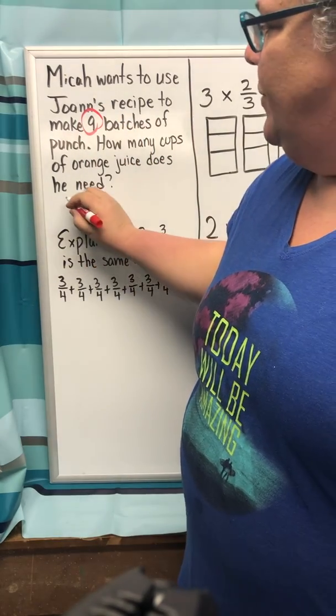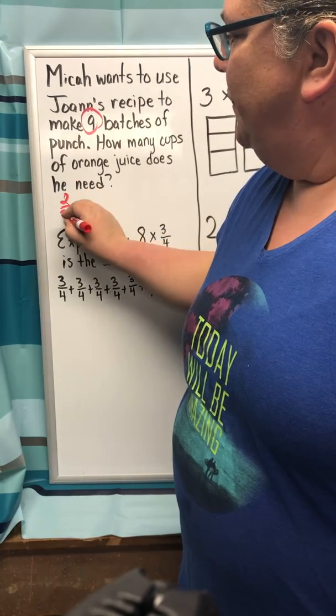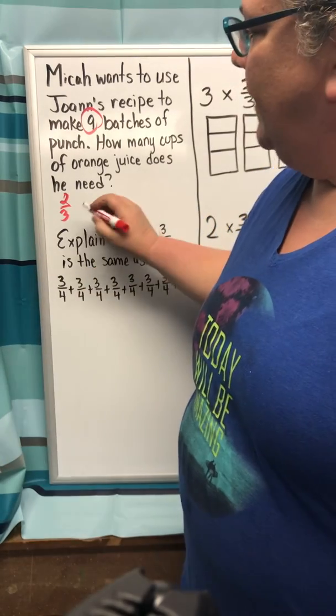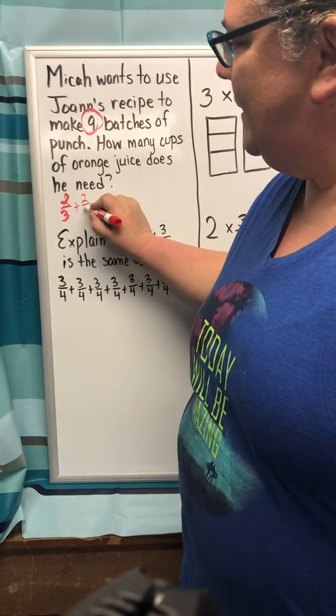So all we're doing for this one, we're going to still use our 2/3, but this time instead of doing the number that she used, we're going to do 2/3 9 times.